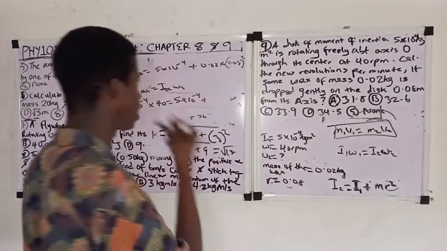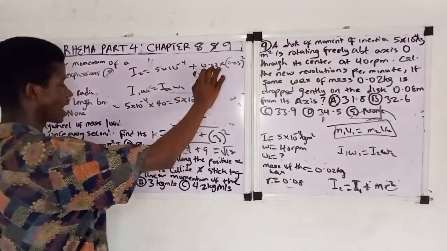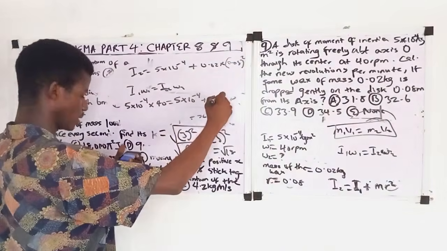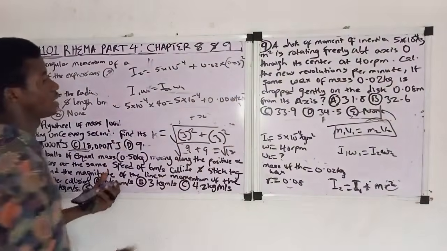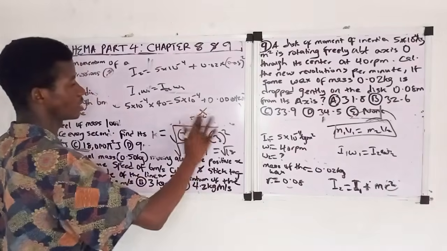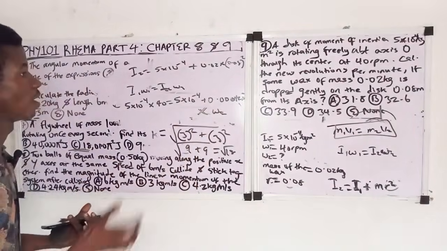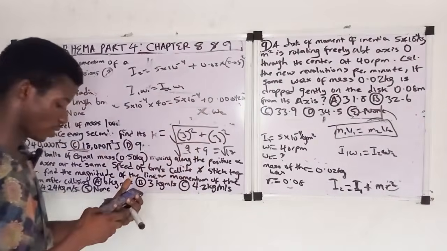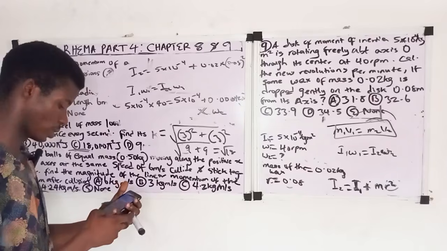So we multiply and take the square of this, multiplied by this, to get 0.000128, then times W2. We don't know W2, that's what we're looking for. So let's add plus 5 times 10 raised to power minus 4.